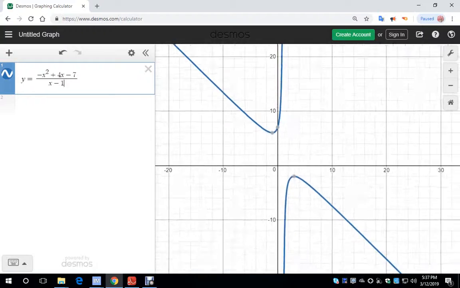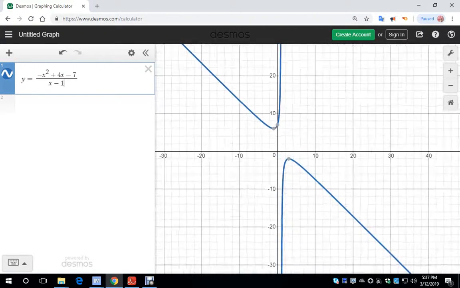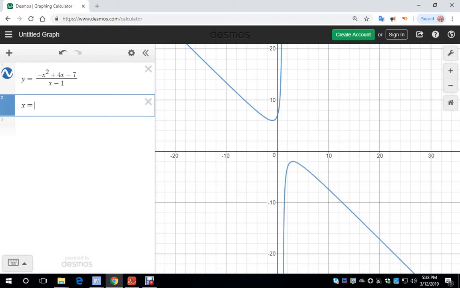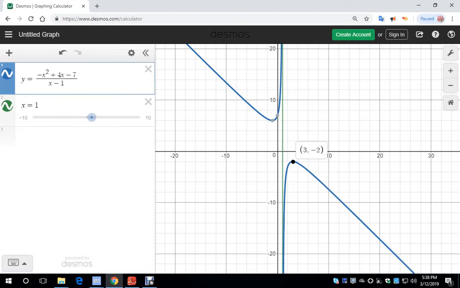So we said that we were decreasing from infinity all the way to -1, and then we're also decreasing from 3 to infinity, and then we said we were increasing from -1 to 1, not included, because we have a vertical asymptote at x equals 1. So we converge on x equals 1, and then from -1 all the way to that maximum point as well. So we didn't know exactly what the graph looked like, but we knew where the graph was increasing and decreasing.